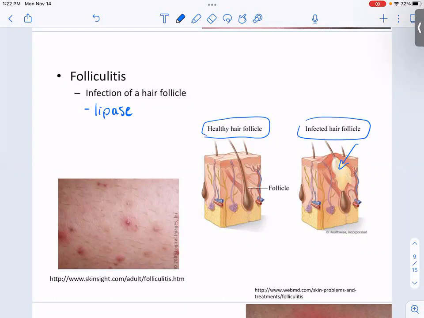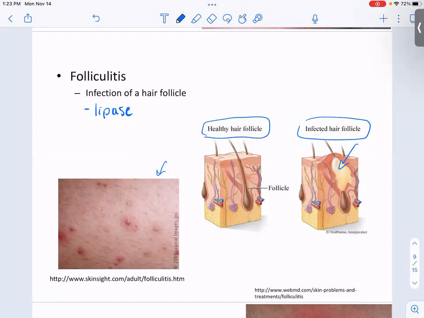So it usually manifests as little pimples on the skin, more common in places where the skin has been irritated. So maybe if the patient has eczema, for example, or maybe just been irritated by shaving, or even just wearing tight clothes, then it's more likely to show up.